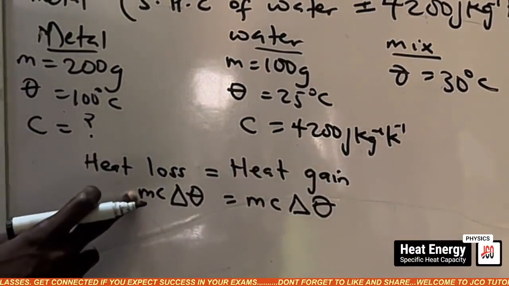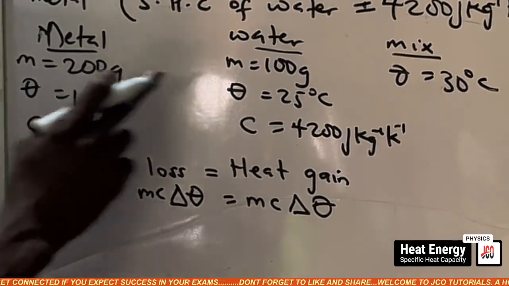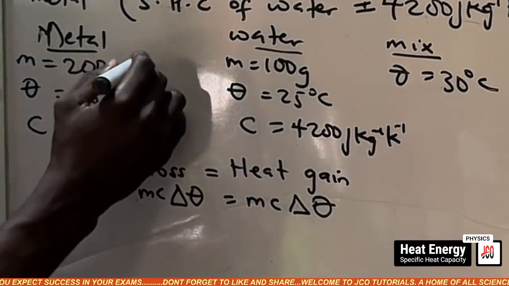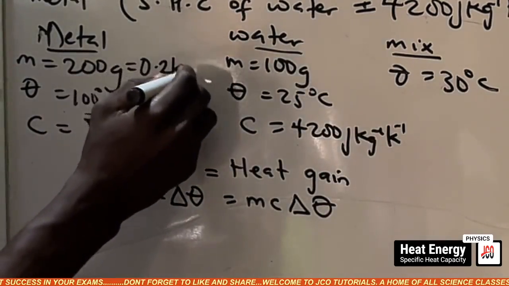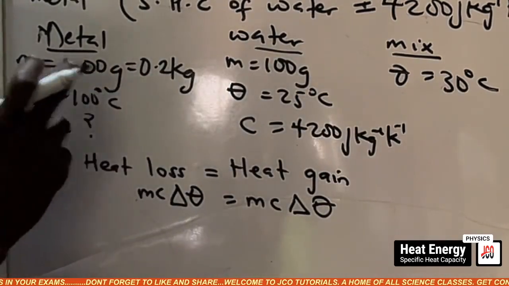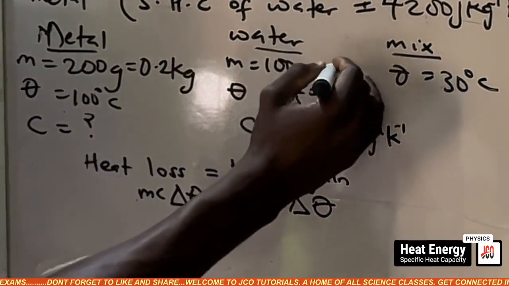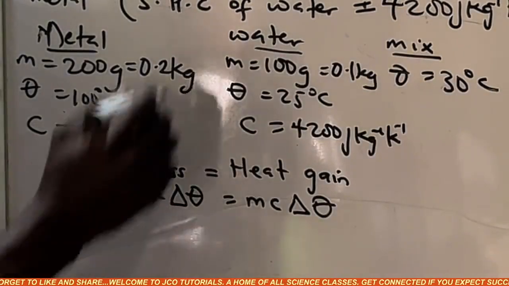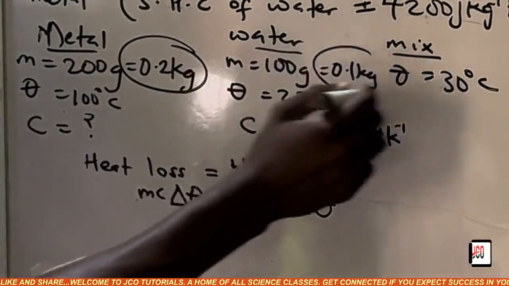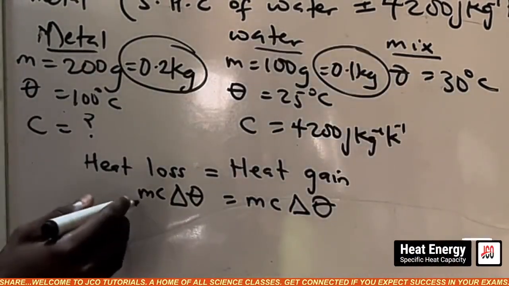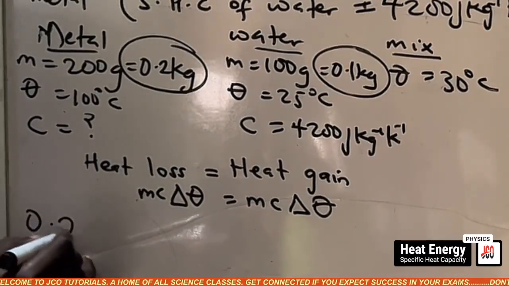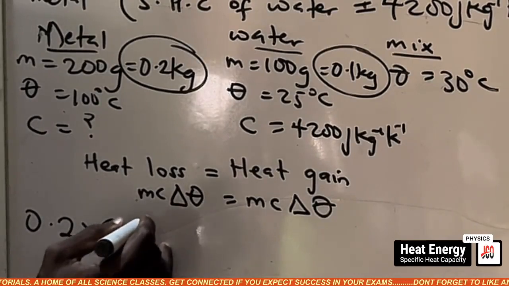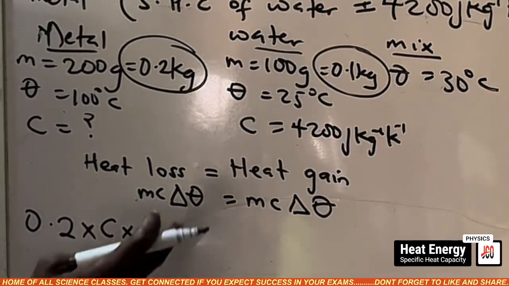The mass of the metal is 200 grams. Notice that it's in gram, it's in per kilogram. So let's convert this. You have 0.2 kg. By now you should be used to how we convert it. Divide by 1000. Then this will be 0.1 kg. So this is the mass. Mass of the metal is 0.2 times specific heat capacity unknown times change in temperature.